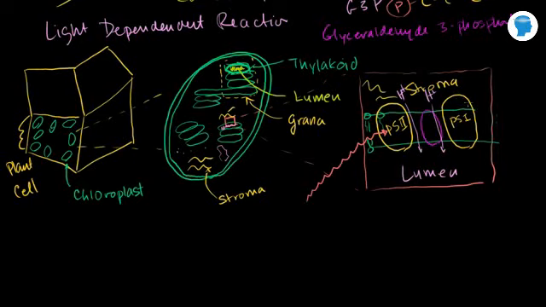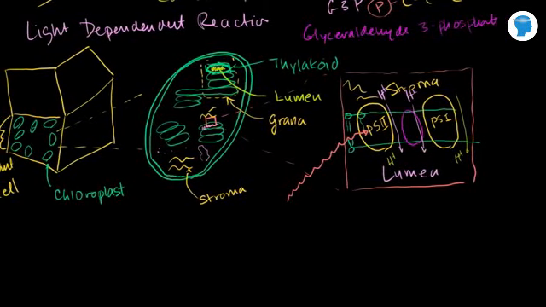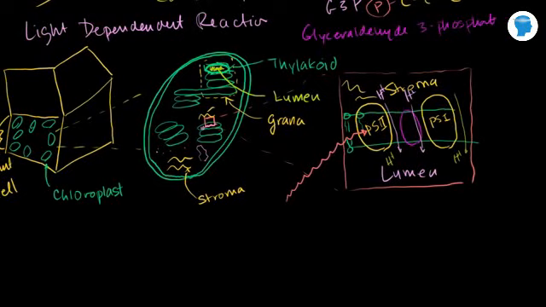But the whole time, that energy is used to pump hydrogen protons into the lumen. So you have this huge concentration of hydrogen protons. And just like what we saw in the electron transport chain, that concentration is then used to drive ATP synthase.